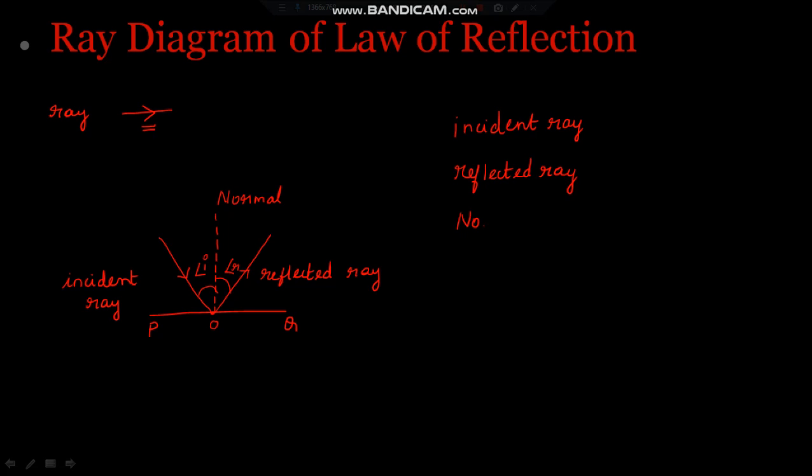Then the imaginary line, that is the normal, and then the point of incidence, that is the point at which the light is falling on the reflecting surface. And then the angle of incidence and the angle of reflection. Only with the help of these terminologies can we write the laws of reflection.